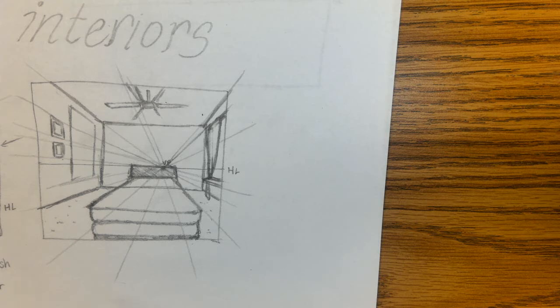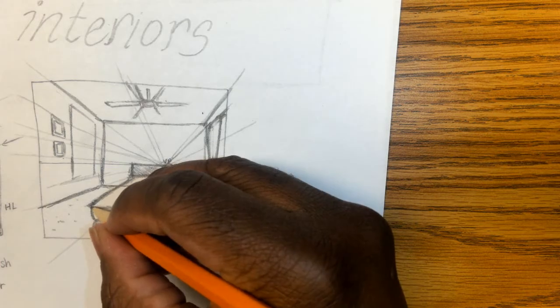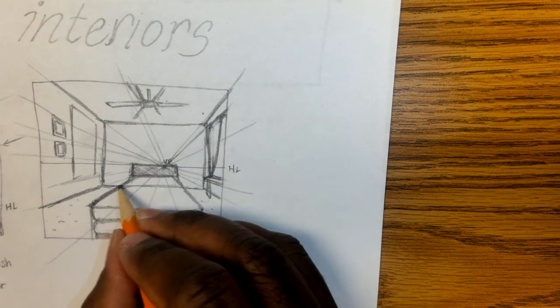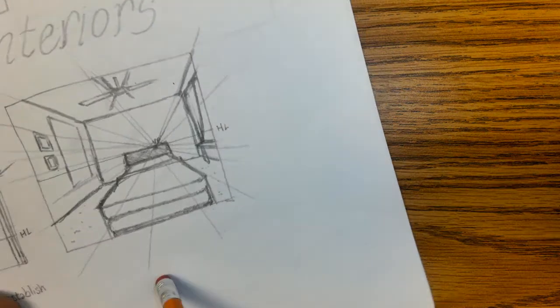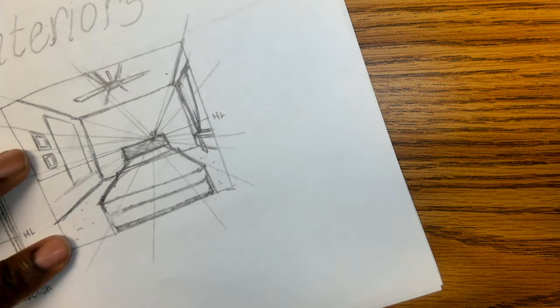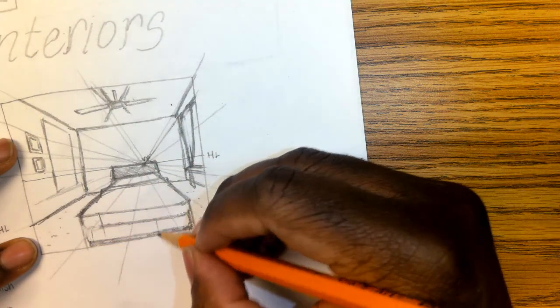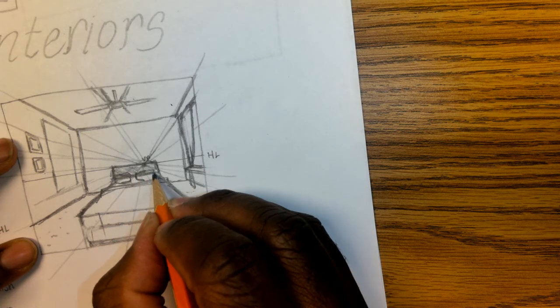Do they have a graphic on them, or are they just a solid color? Alright. So, you need to add some decorations to your room here. Make sure I add some pillows back here.